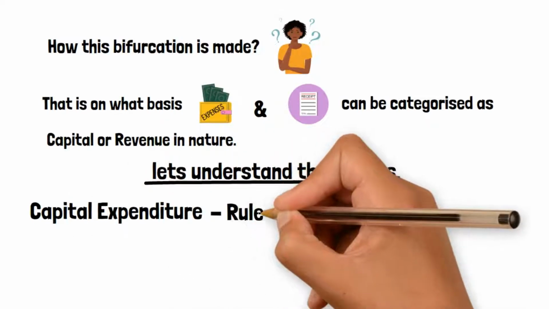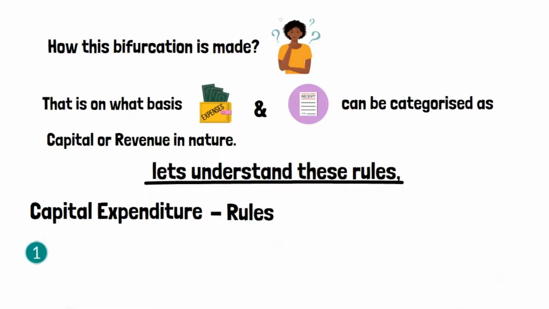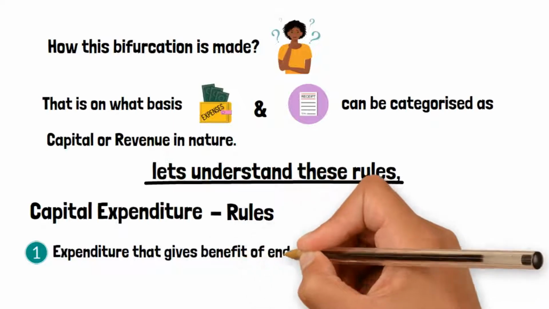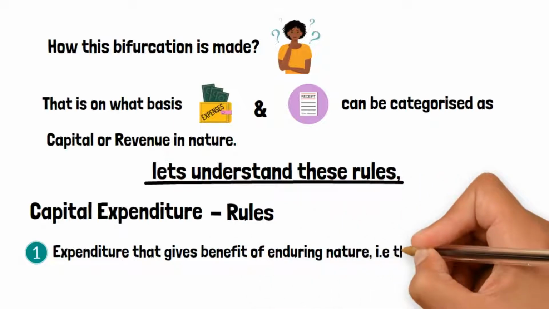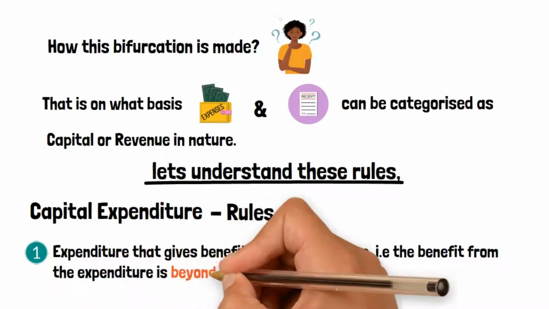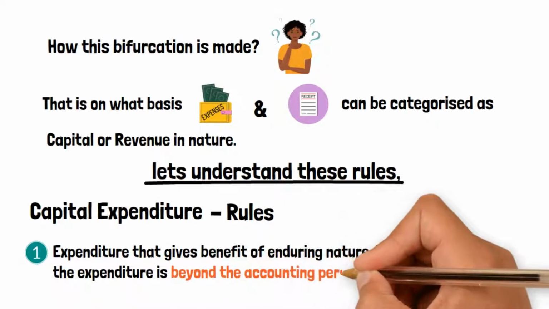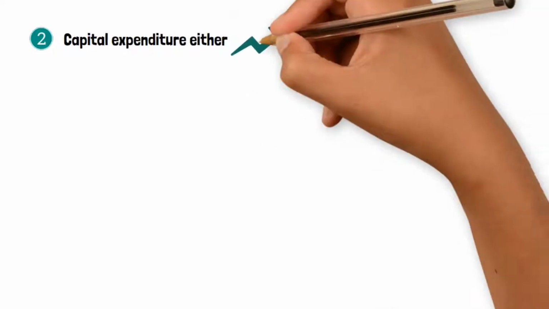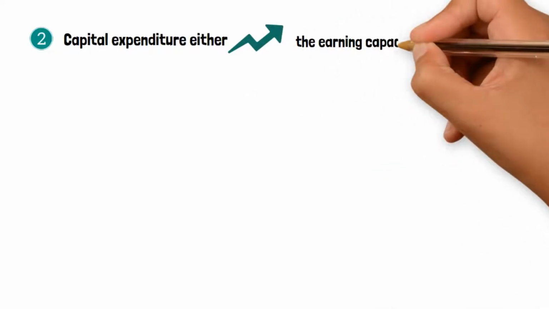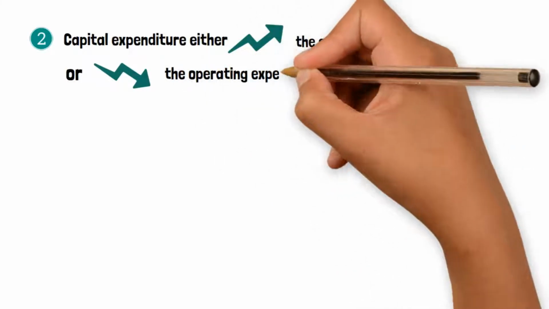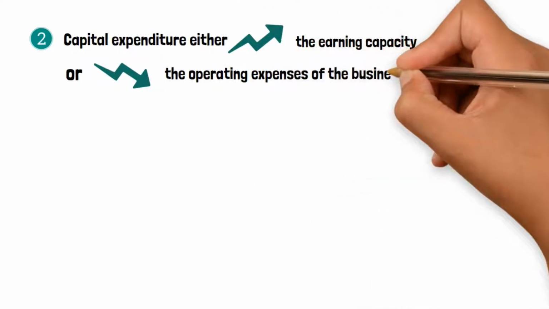Capital expenditure rules are: firstly, expenditure that gives benefit of enduring nature, that is, the benefit from the expenditure is beyond the accounting period. Secondly, capital expenditure either increases the earning capacity of the business or reduces the operating expenses of the business.